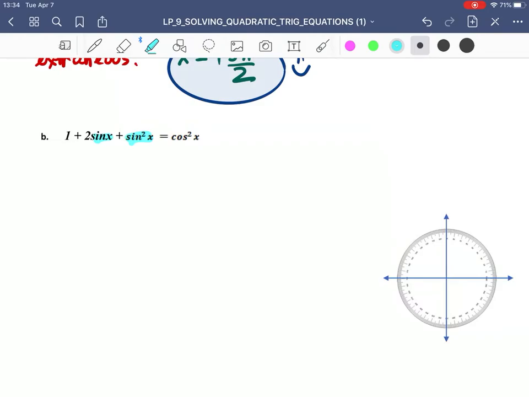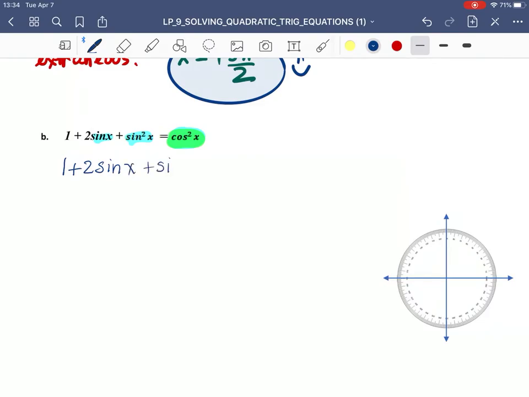So when you go to the right side, we see that we have a variable different than what we had in the left side of the equation. So guess what we're going to do? We are going to replace the cos squared x with something sine squared. And you've probably guessed already that we need to replace cos squared x using the Pythagorean identity.